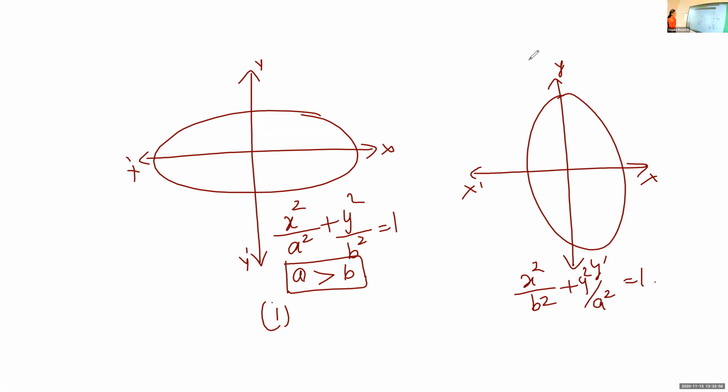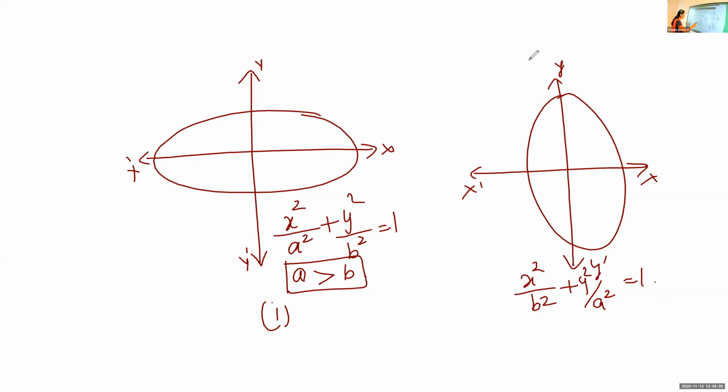If the y-axis is the major axis, the equation becomes x square by b square plus y square by a square is equal to 1. These are the two standard forms of the ellipse. If the x-axis is the major axis, then the equation is x square by a square plus y square by b square is equal to 1.